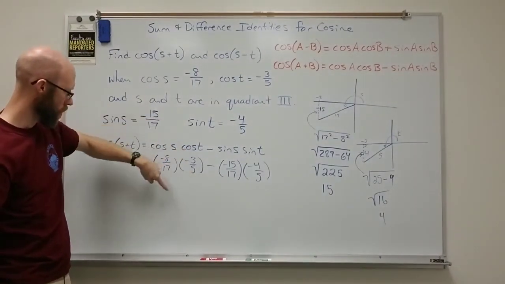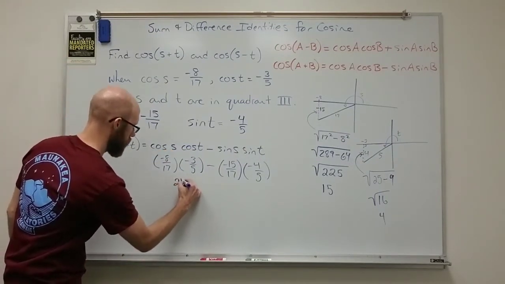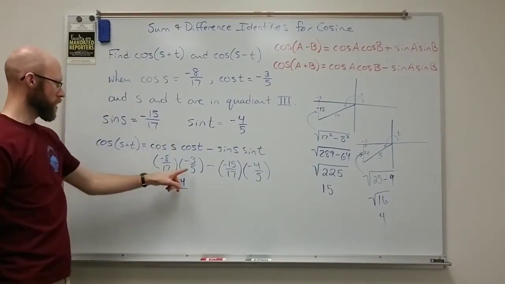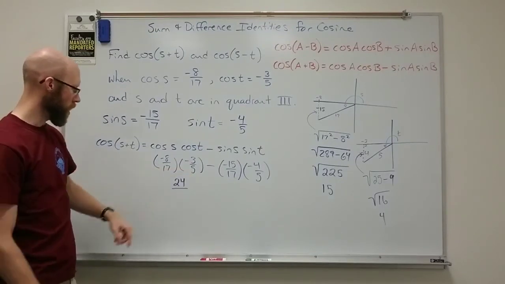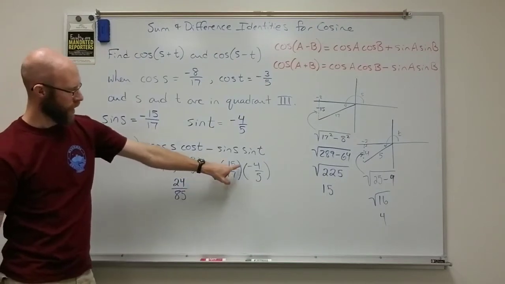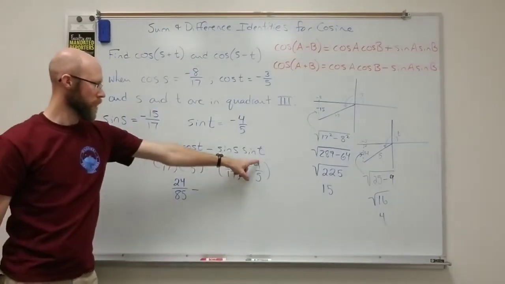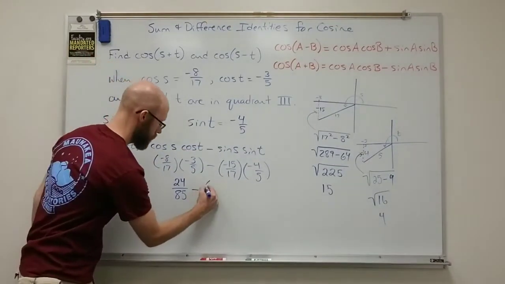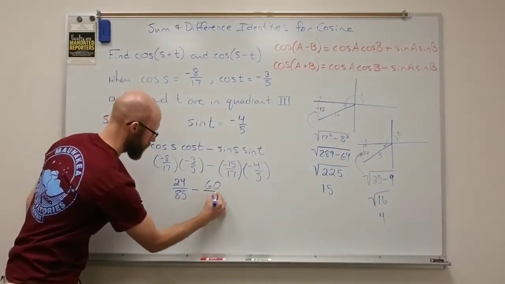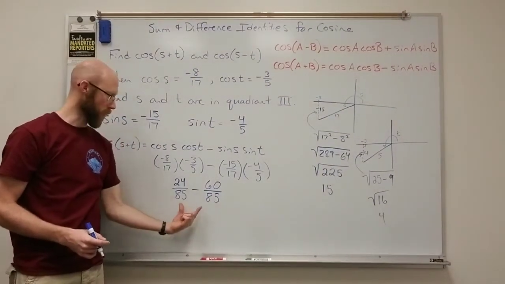Don't really have any other factors I can cancel. 8 times 3 is 24. 17 times 5 is 85. I've got a triple negative here, so that stays a minus. 15 times 4 is 60. 17 times 5 is still 85. It's kind of nice when that happens. I've got a common denominator.